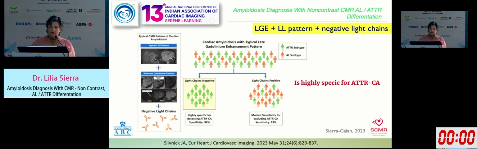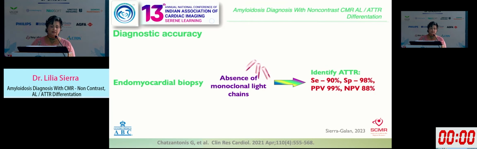So that's something that maybe in the future we can use routinely, and that uses just the regular sequences. It's just the LGE and the Look-Locker one.